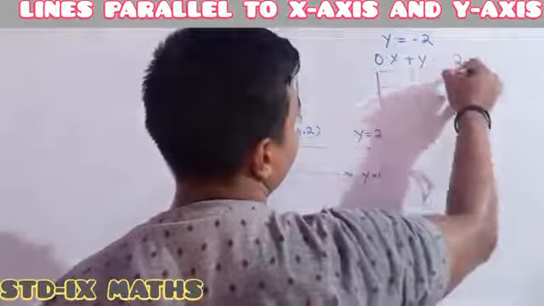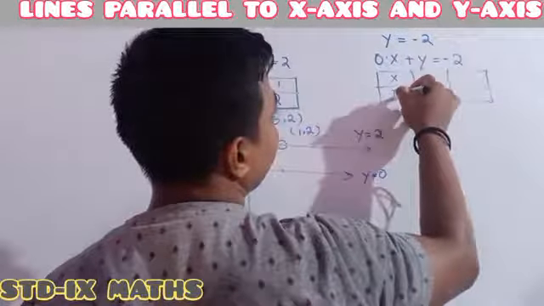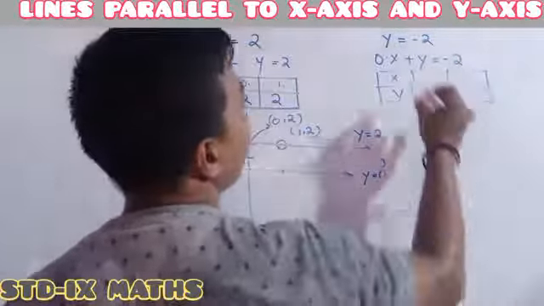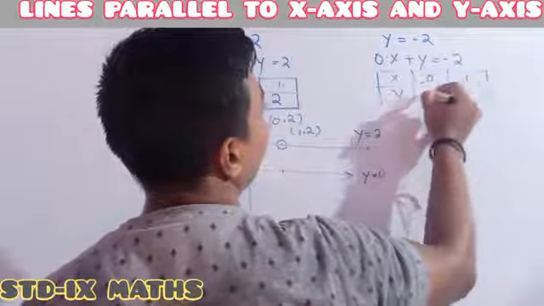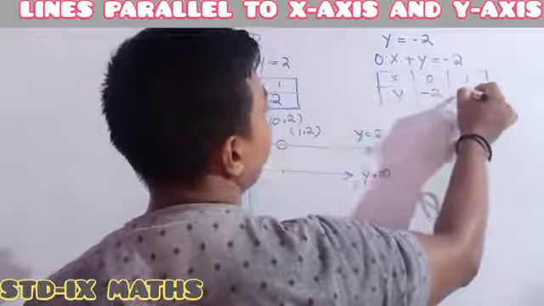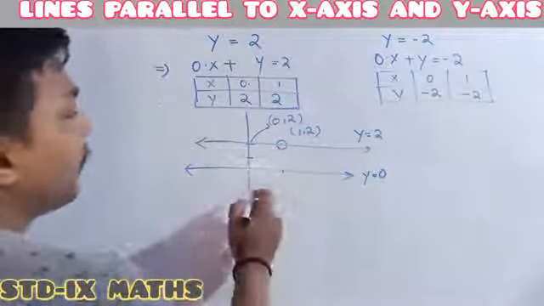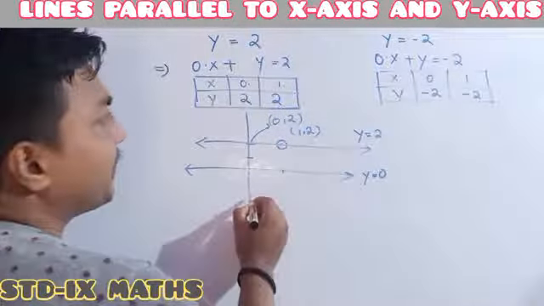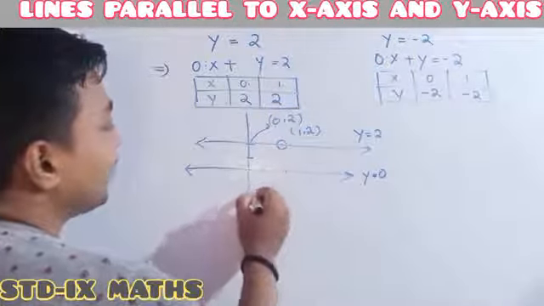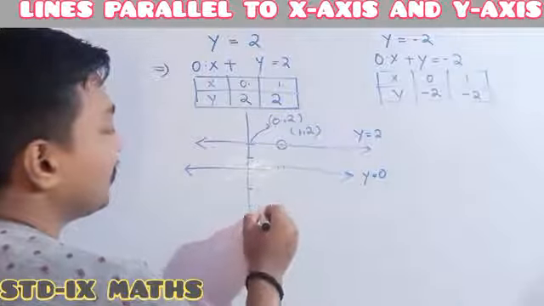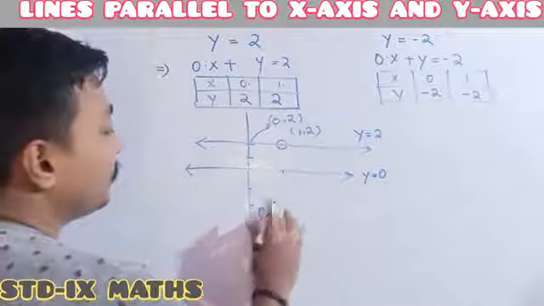just like in the last one, any value of x, here it is any value of y. See, any value of x you may choose, always you will get y is equal to minus 2. Whenever you take the graphical representation, 0, minus 2 means here it is 1, here it is minus 2. This one is 0, minus 2.